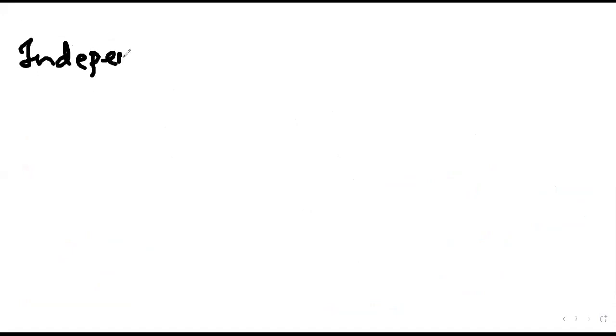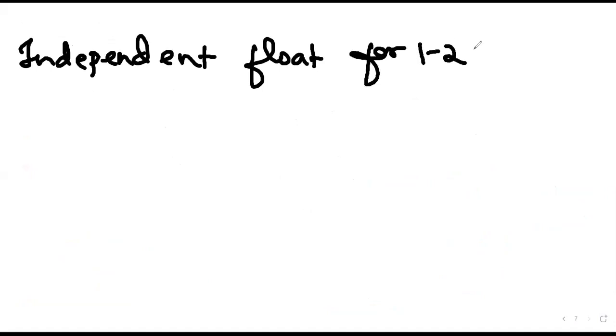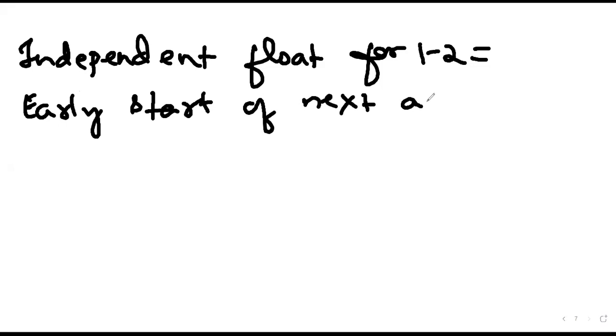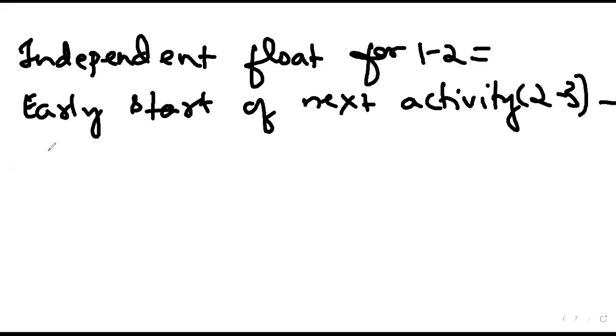So independent float for 1-2 is equal to early start of next activity. What should be the equation here? Early start of next activity, that is 2-5. Correct.